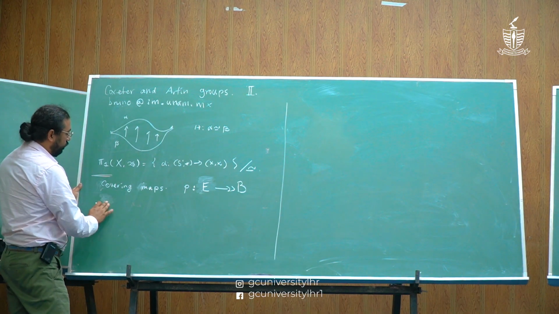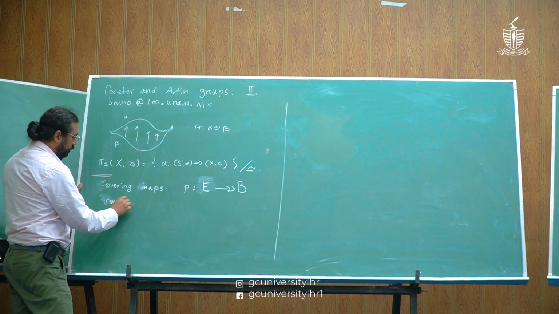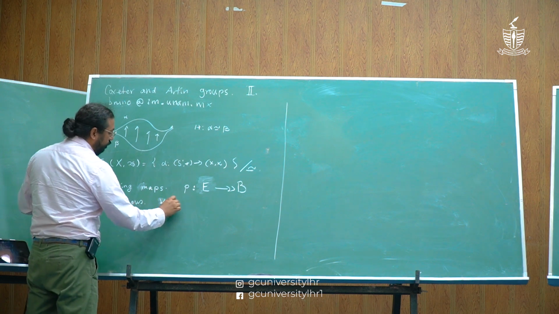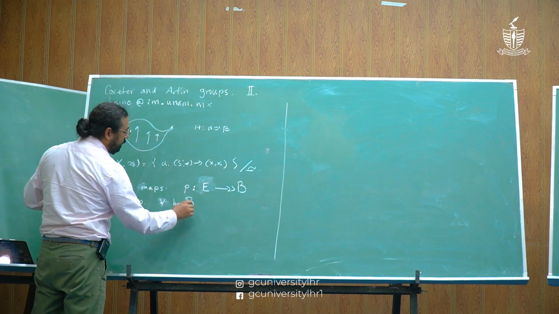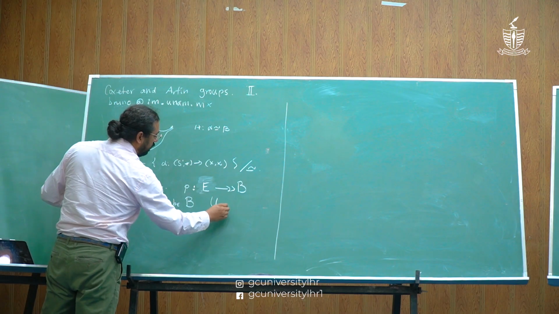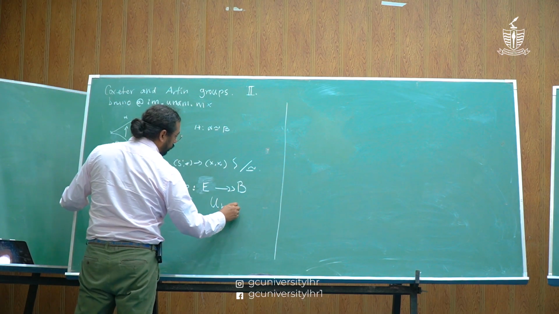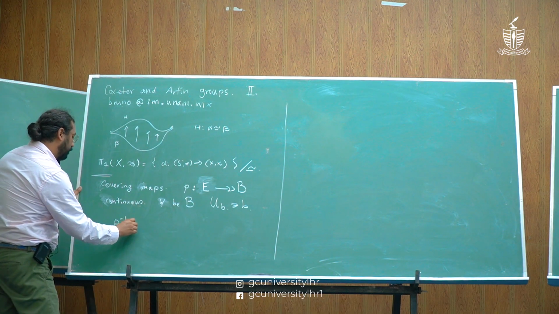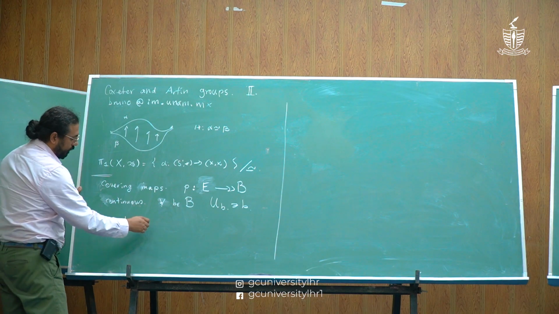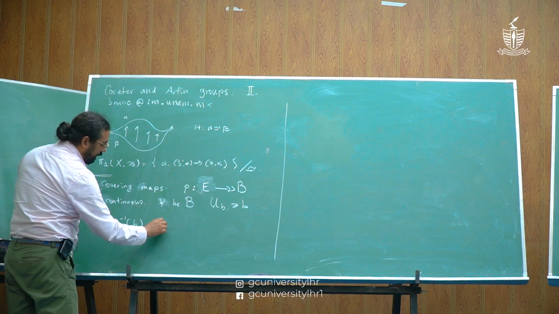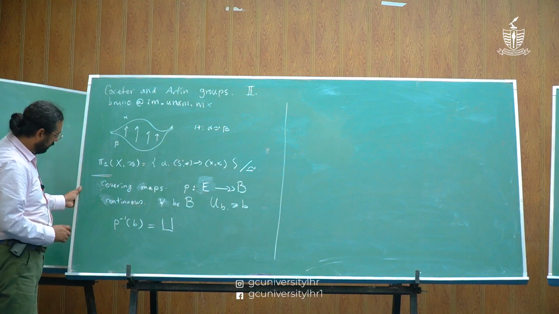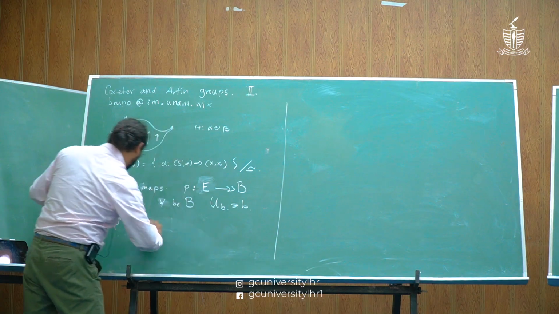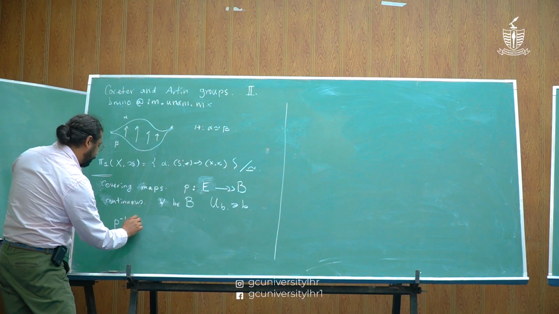It has to be continuous, such that for each B in the base, there exists an open set U_B containing B, such that P inverse of U_B is a disjoint union of copies.